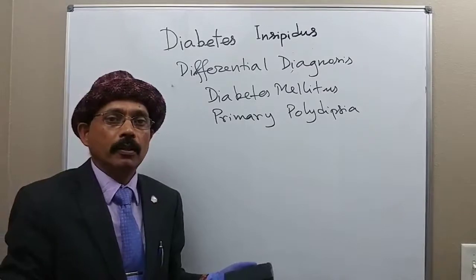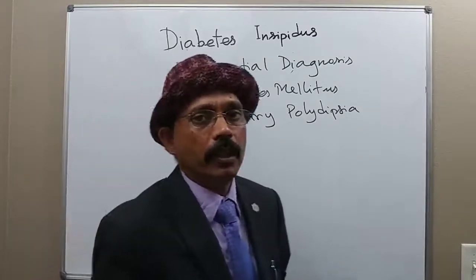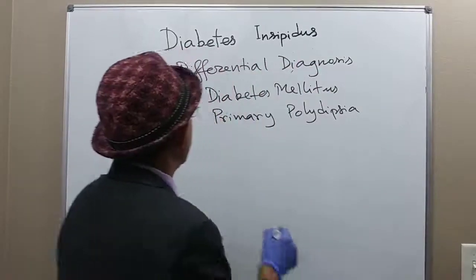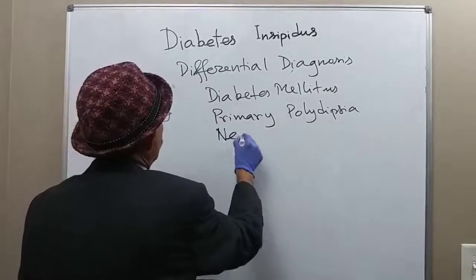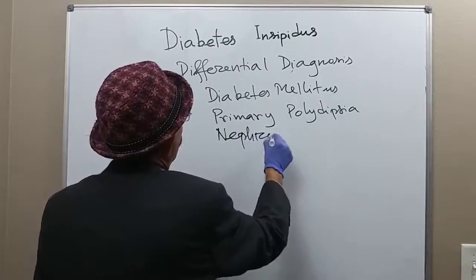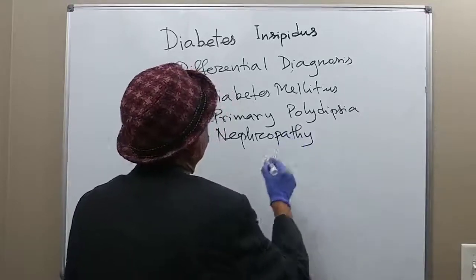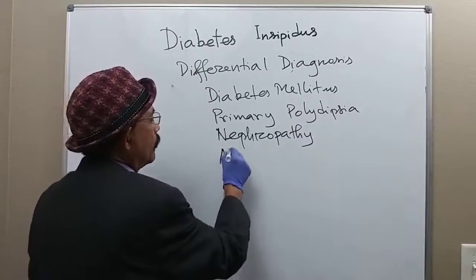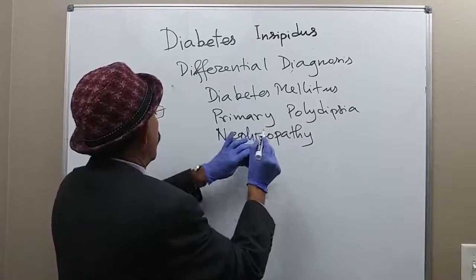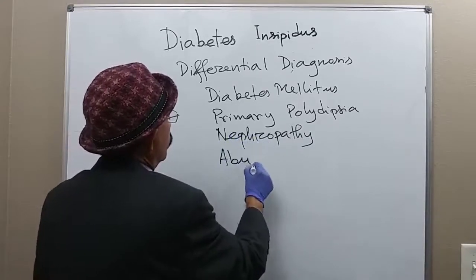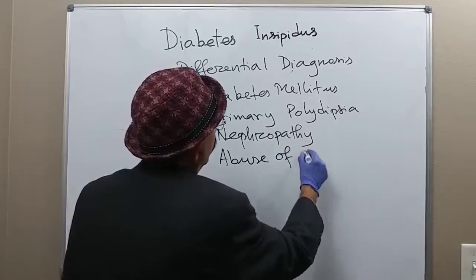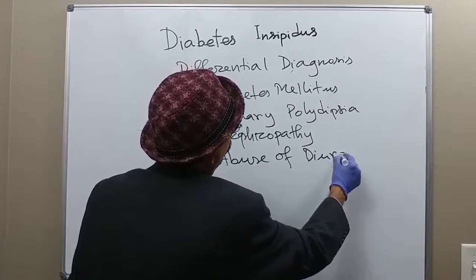We got that. So we got differential diagnosis and some type of nephropathy, any type of nephropathy, that may lead to polyuria, or abuse of diuretics.